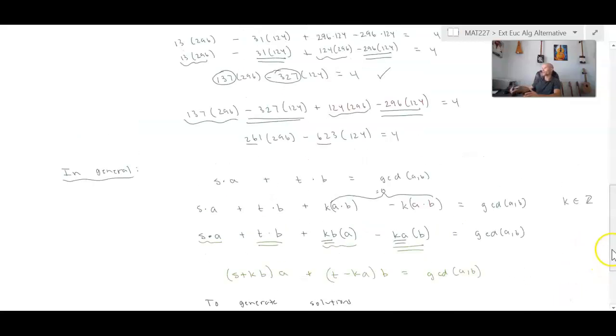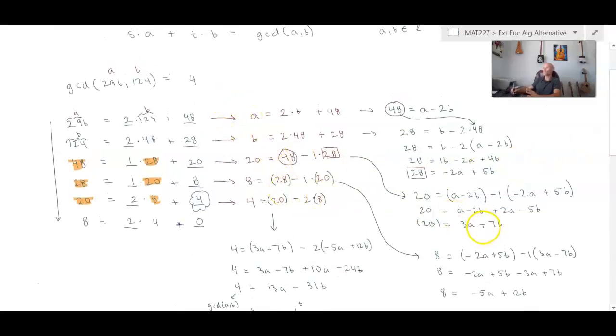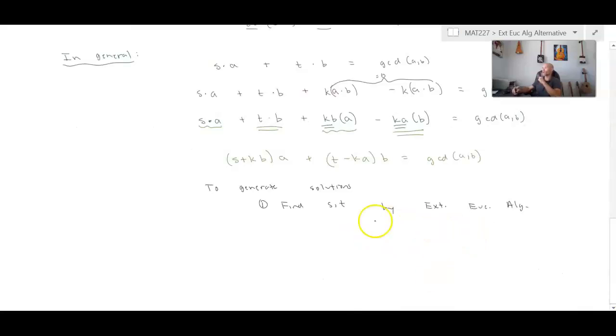So that's just our standard process that, depending on whether you like the forward substitution method or the back substitution method, like in our last video, you can decide how you want to carry that out. To generate additional solutions, notice that this solution right here really creates the unique solution for k equals 0. Because if k is 0, then you just get SA plus TB equals the GCD between A and B.